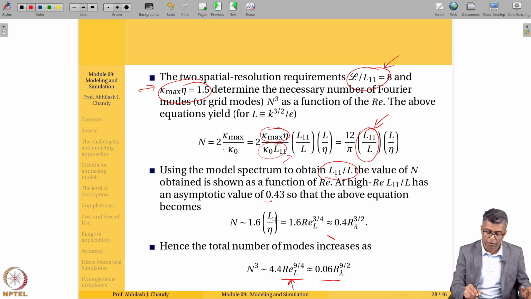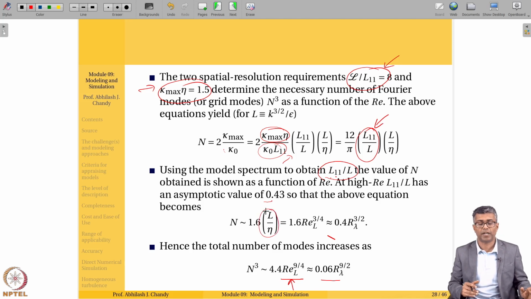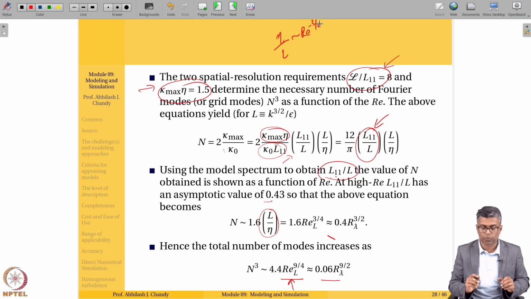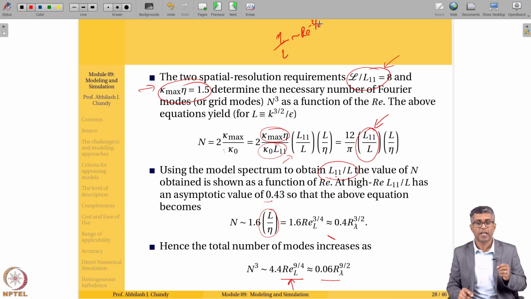Then it was just a matter of it being a function of L over eta, which we know how it relates to Reynolds number. We already did that earlier, where we had proved that eta over L is of the order of magnitude of Re_L to the minus 3/4. And that is what we are using here. L over eta is Re_L to the 3/4.